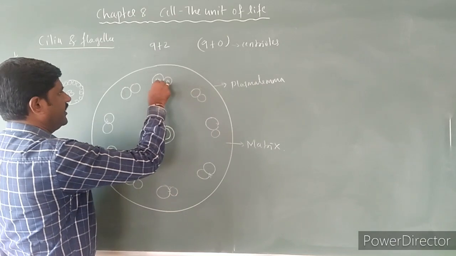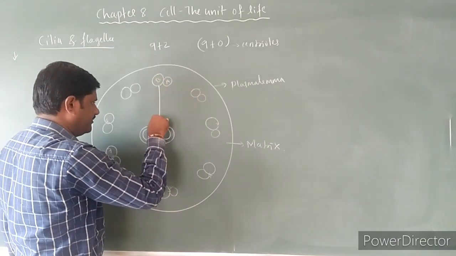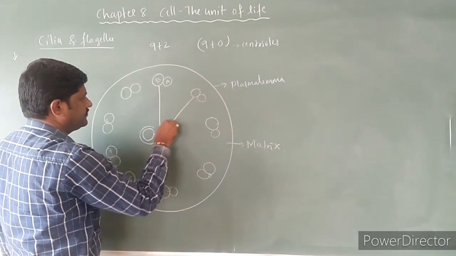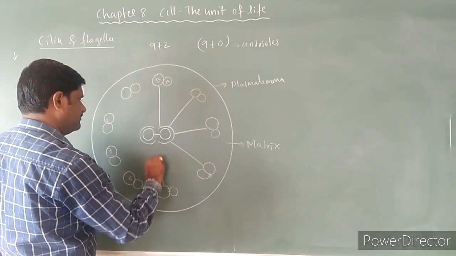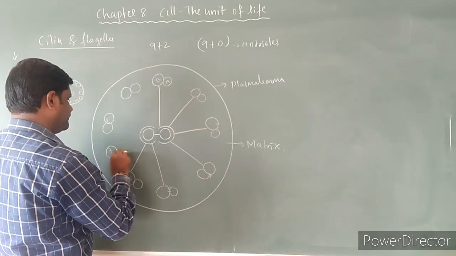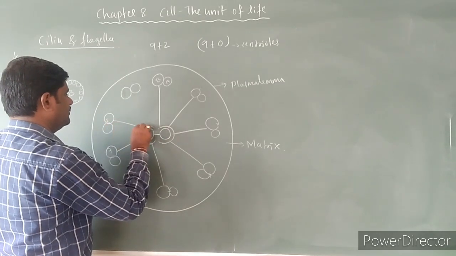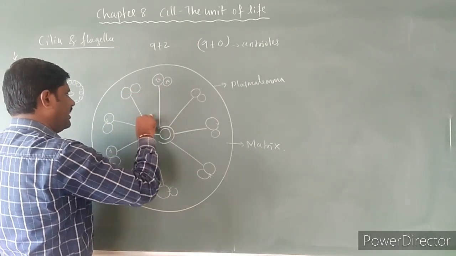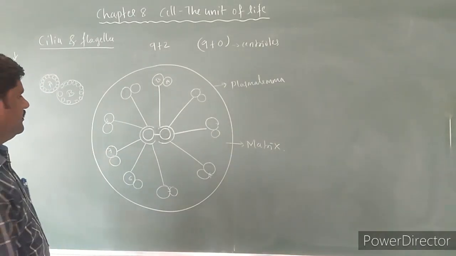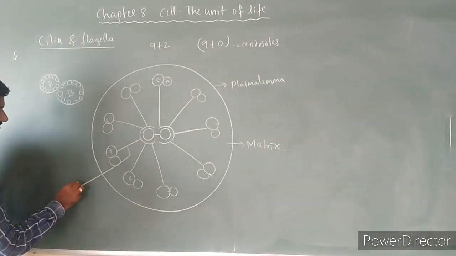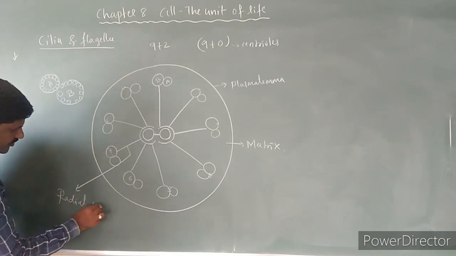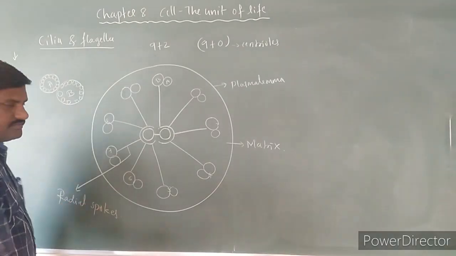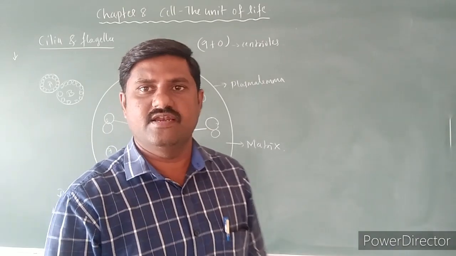You are observing the radial spokes here, that connect these doublets to the central axis. These are called radial spokes.